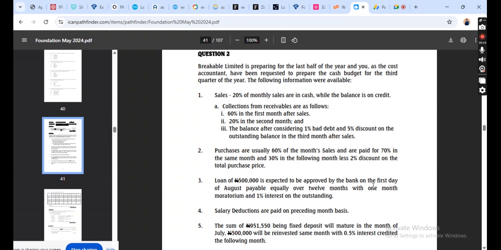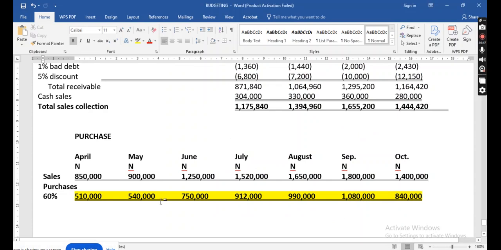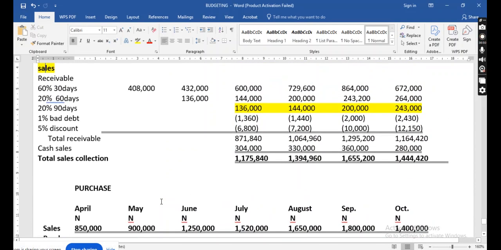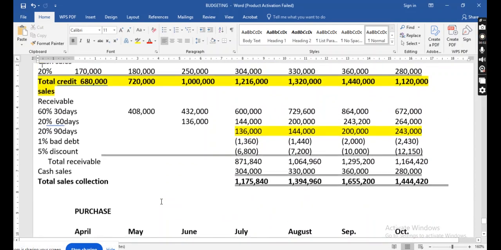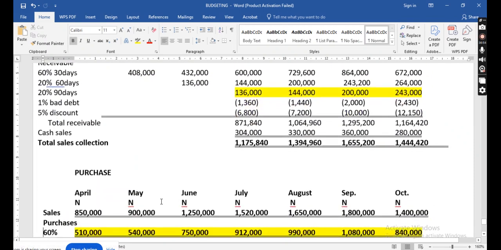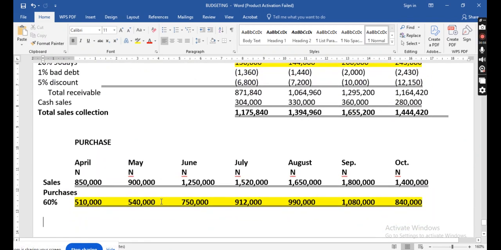The 70% is not even 30 days, it's the same month. So 70% payable in the same month.